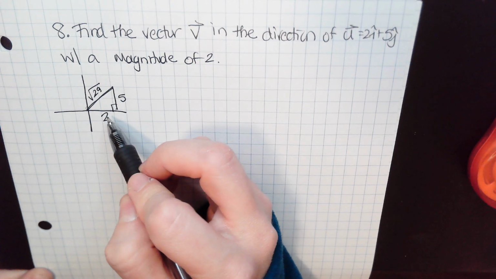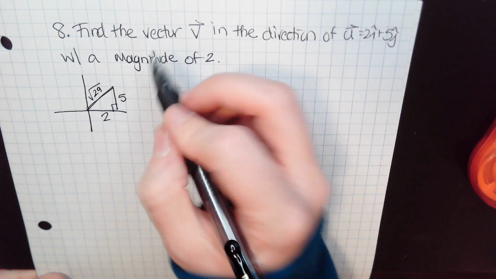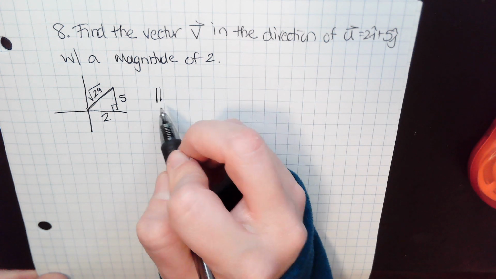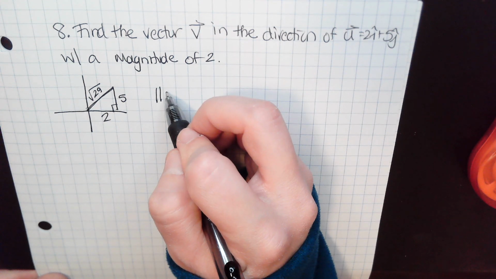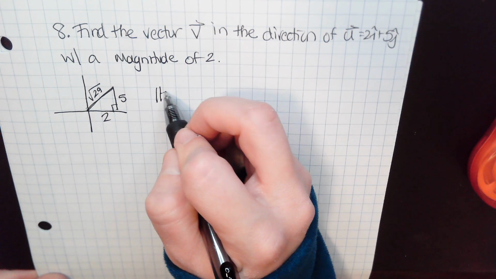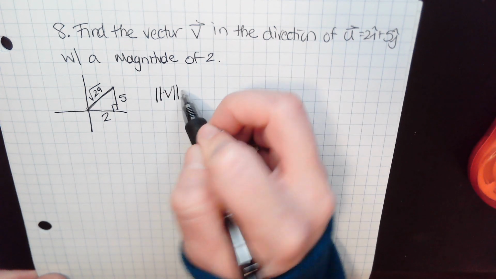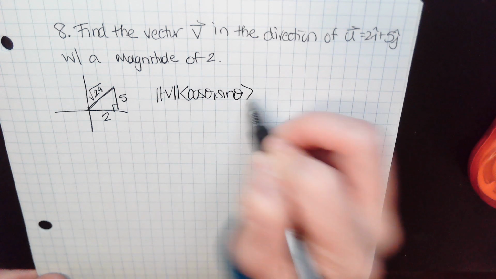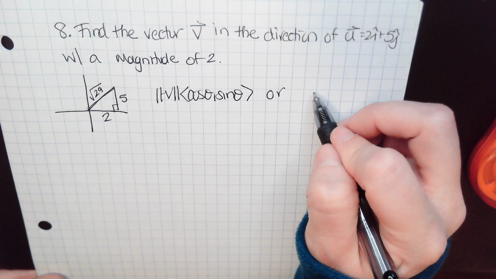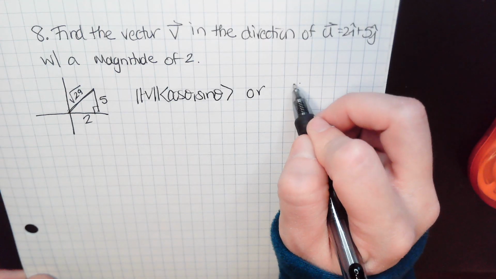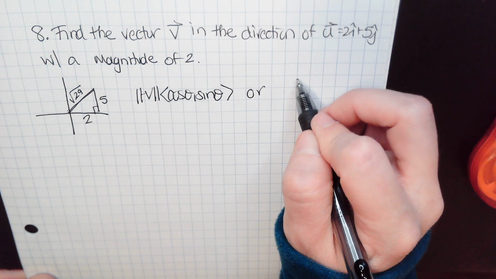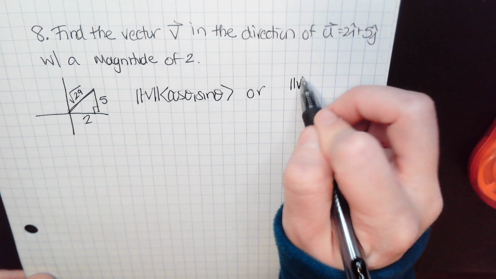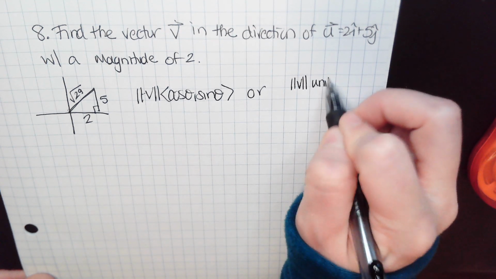And then you could find your cosine theta and sine theta from there. So that would be using the magnitude of v times your cosine theta, sine theta. Or you could have done it by finding the unit vector and then multiplying your new magnitude by your unit vector.